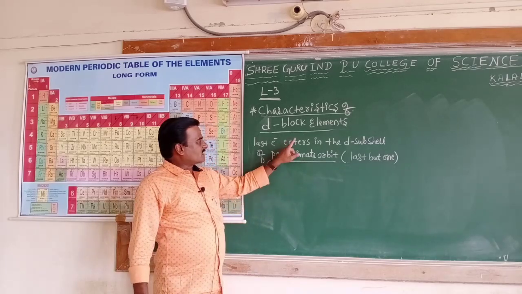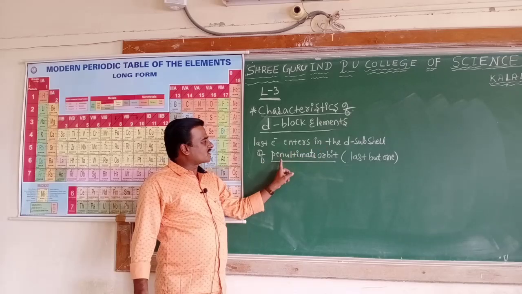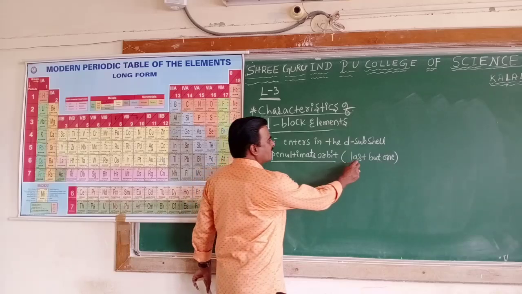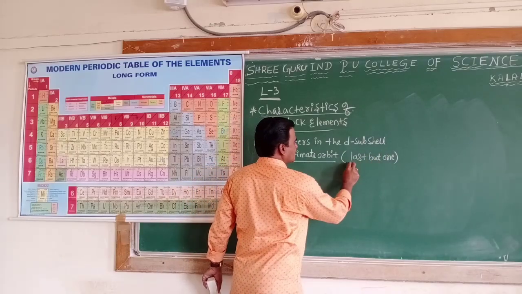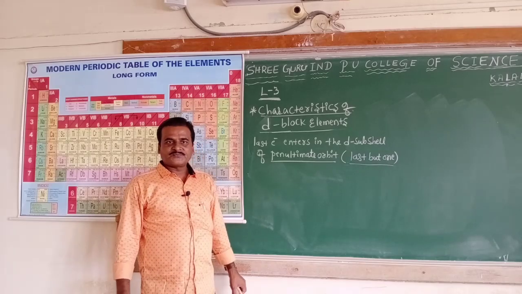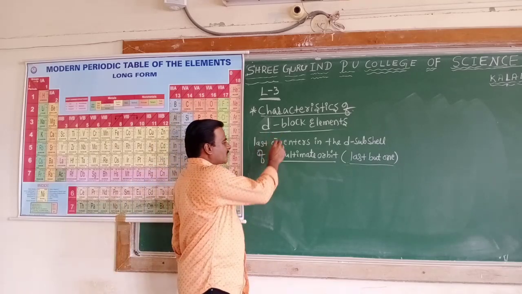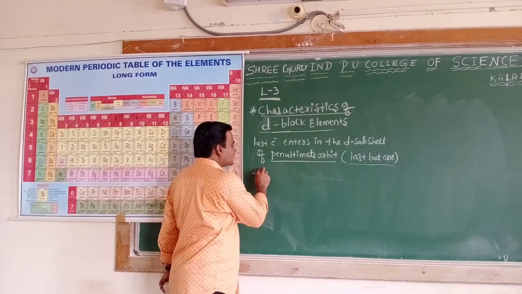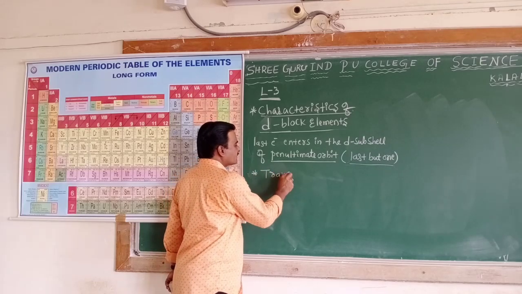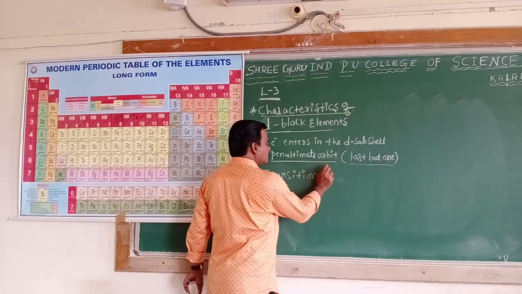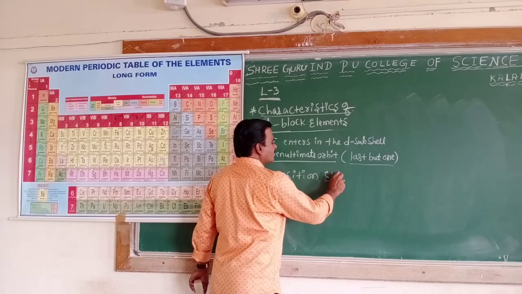The electron enters the d subshell of the penultimate orbit, nothing but the last but one orbit, and these are called d block elements. D block elements are also called transition elements.